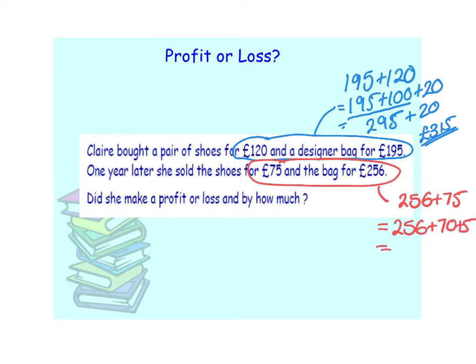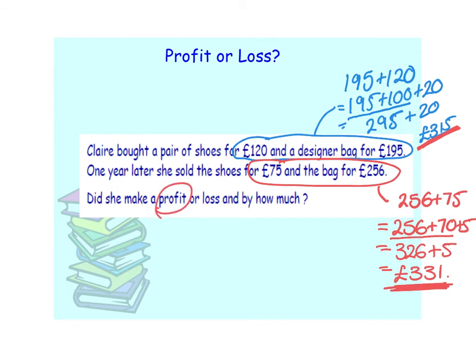You choose which way you want to add these together. So if I do 256 plus the 70, I'll get 326, add the 5, 331. So she bought the items for 315 and she sold them for more money.